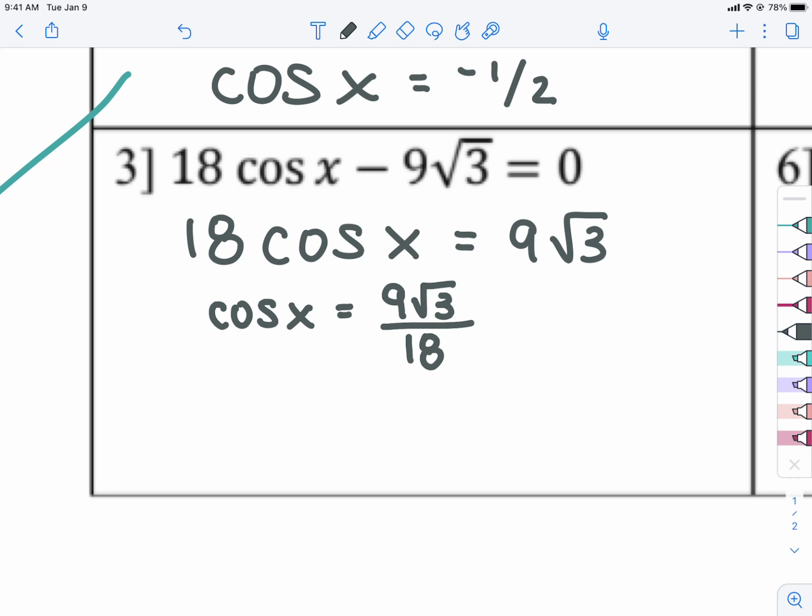Ooh, but I see 9 and 18 have common factors, right? I can reduce that to be a 1/2. So I can really say that this is just root 3 over 2, which originally that root 3 was a little bit frightening, but they put it there intentionally to give us a pretty number that was on our unit circle.